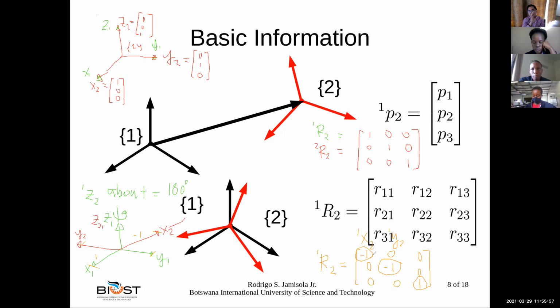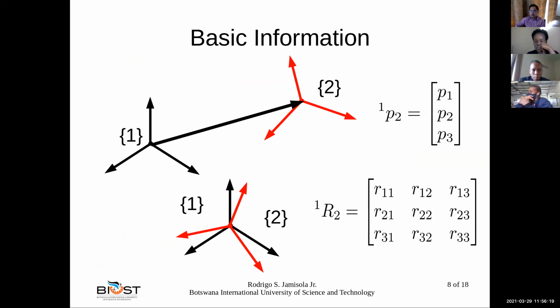So we can fully express the relationship of those rotations by expressing the components of each of the axes, x, y, and z axis of frame 2 with respect to frame 1. That is the rotation. That's how we express rotations.